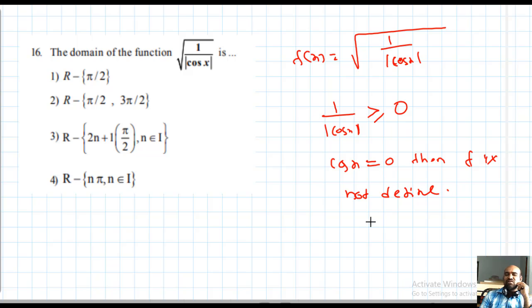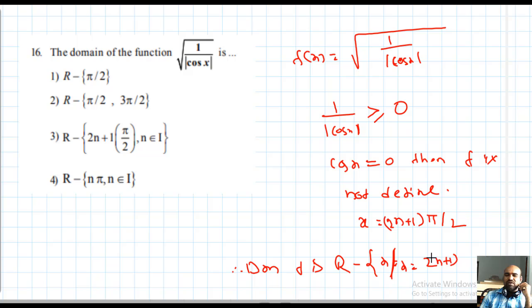What value gives cos x equal to 0? x equal to (2n plus 1) into pi by 2. For these values of x, cos x equals 0. So these values should be subtracted from all real numbers. Therefore, the domain of f is all real numbers x such that x is not equal to (2n plus 1) into pi by 2, where n belongs to Z.